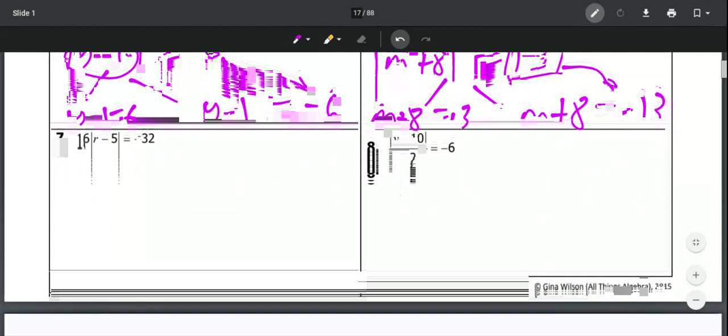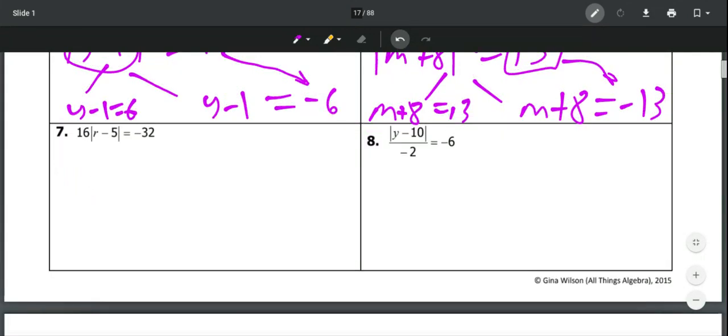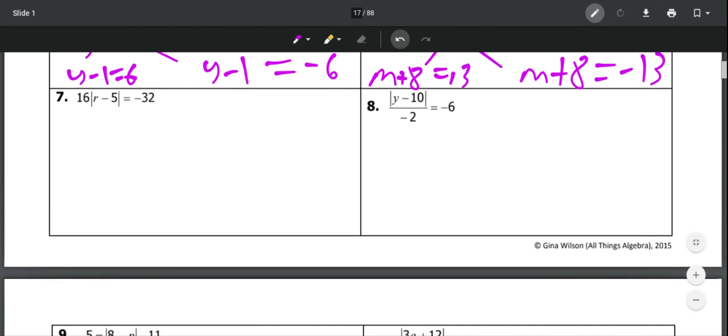Now, number 7 is a special case. So watch what happens here. To get rid of this is just like the one we did before. We need to isolate this absolute value. The r minus 5, we need that just to be there without the 16. So we're going to do the opposite of 16 multiplied by that, which is dividing by 16.